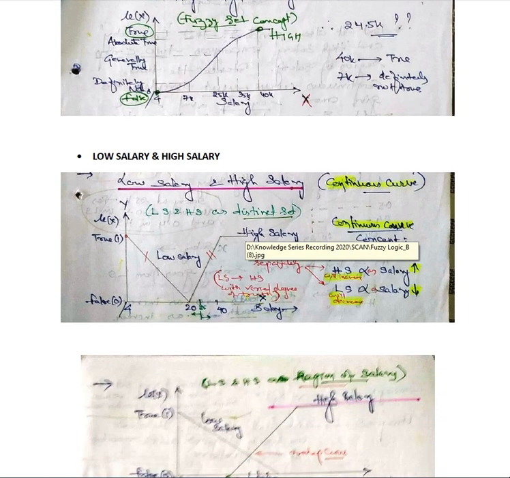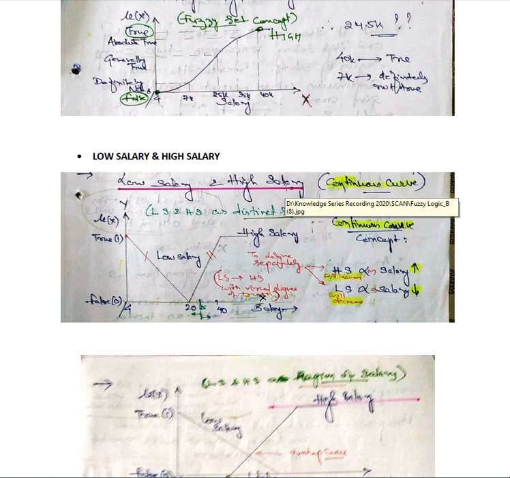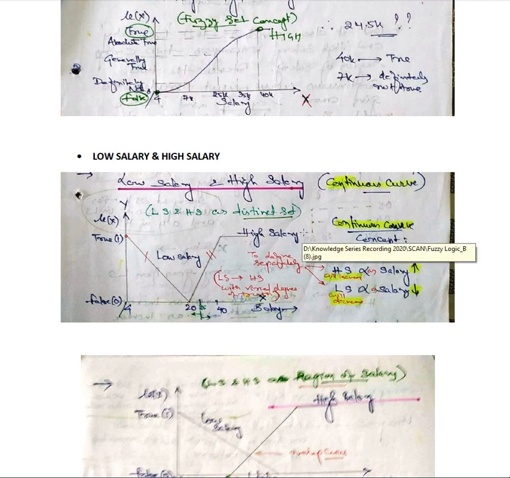Now let's take another example, low salary and high salary. This is a membership plot with respect to high salary, and this is with respect to low salary.